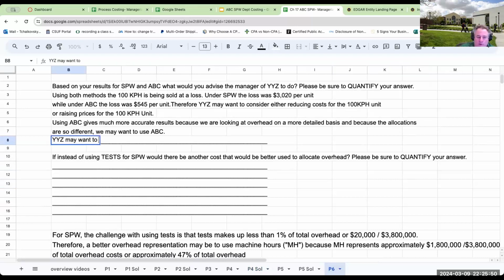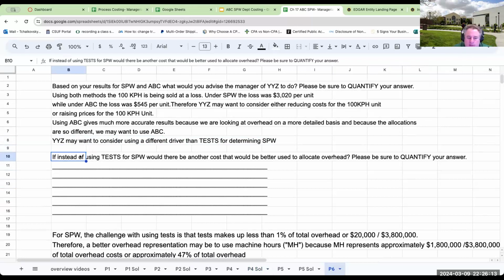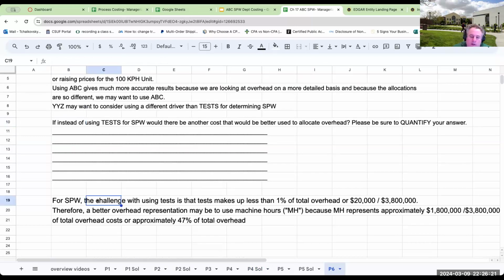So what we may want to say is that, well, YYZ may want to consider making a different driver than tests for determining single plant-wide. Okay, now this kind of gets us down to this answer over here. Why would we go through and do this instead of using tests? So this is basically what I mentioned in the other video, and if you watch it towards the end, you'll hear me talk about this.